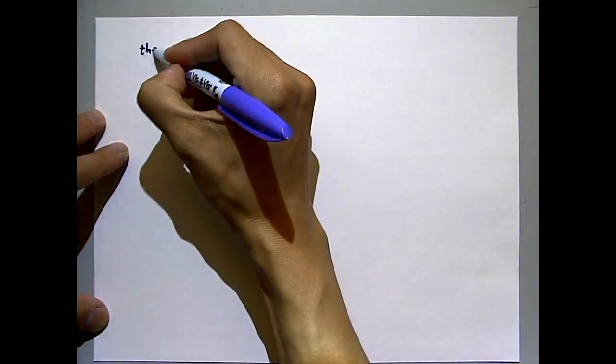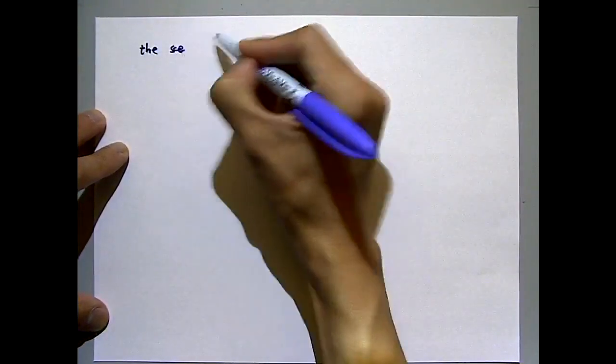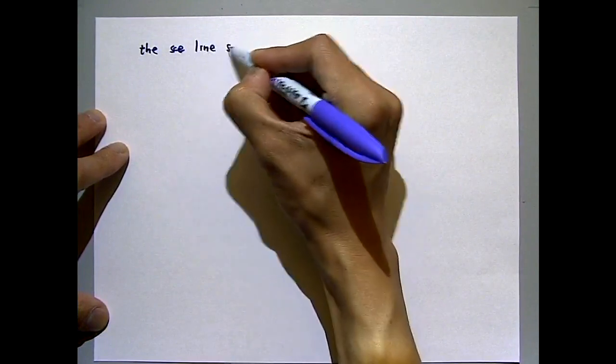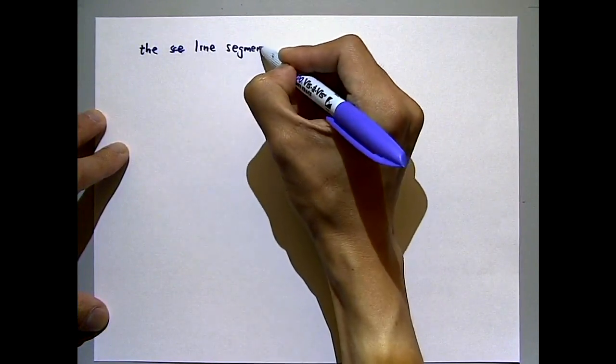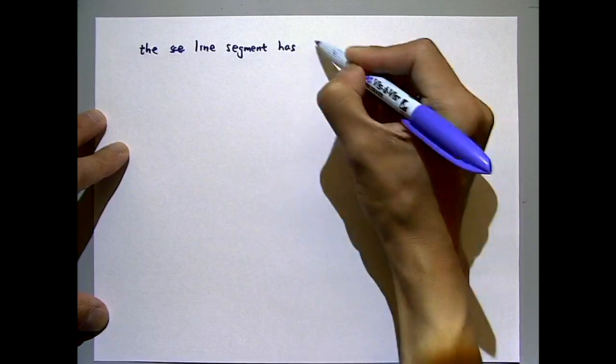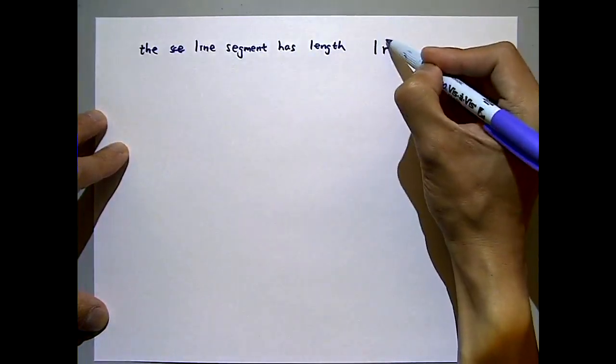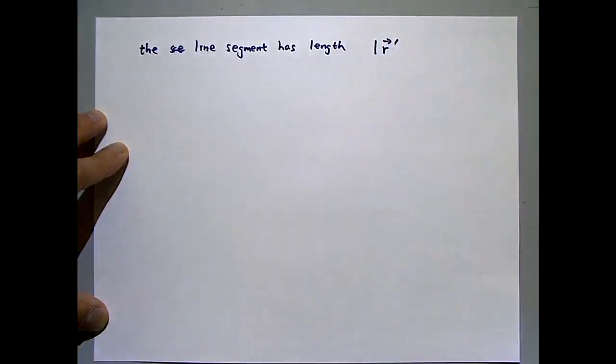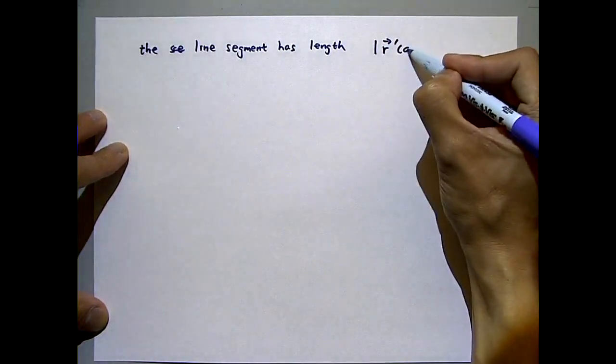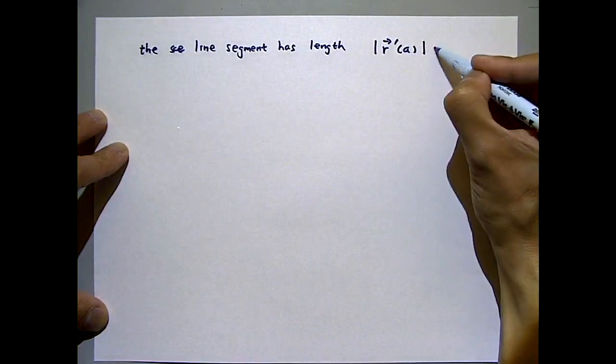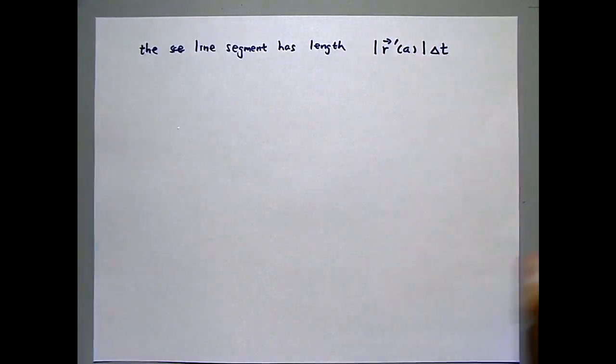Okay, so the line segment has a length that's equal to the magnitude of r prime at whatever value we started at, a, times the change in time.